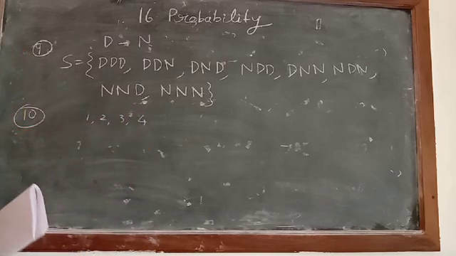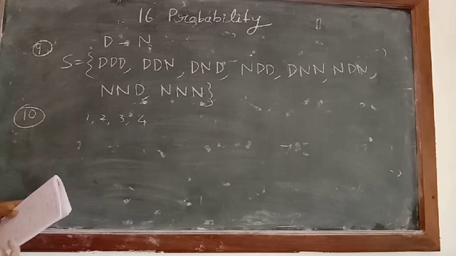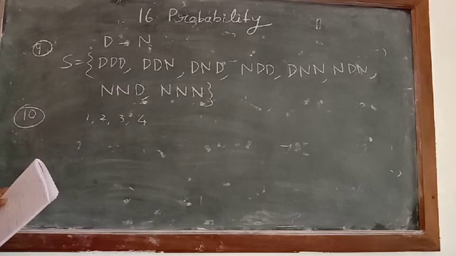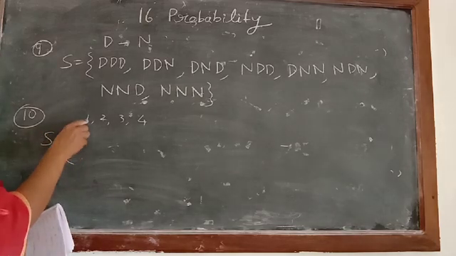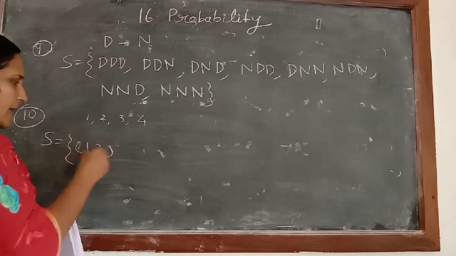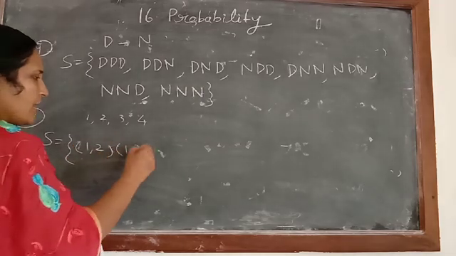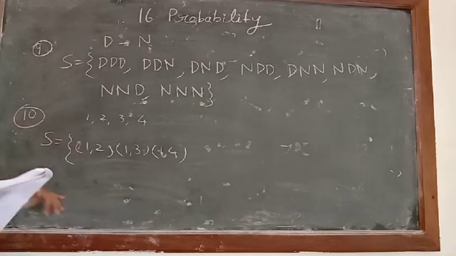So without replacement means if you have selected 1, then again you cannot select 1 because that slip is over there. So what can be the possible sample space there? With 1 it can be 2. Okay, so either it can be 1, 2 or it can be 1, 3 or it can be equal to 1, 4. So first part is over.